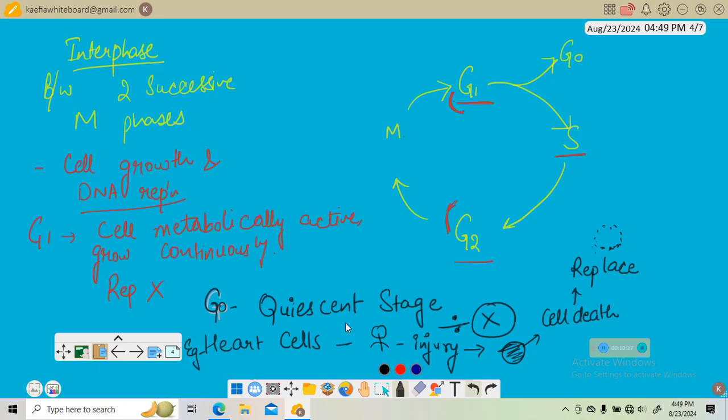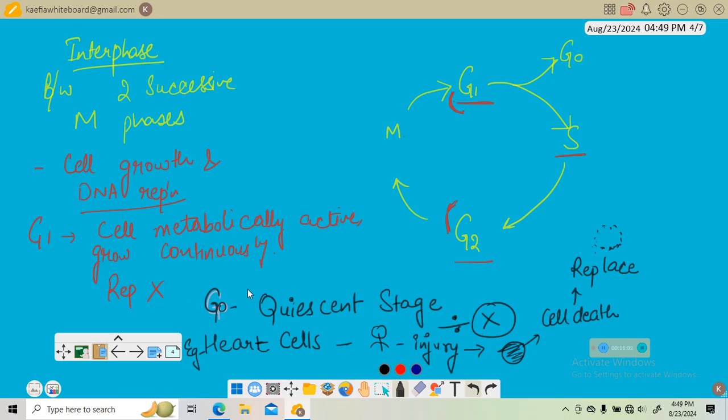Unless there is a requirement for division, they remain in the quiescent, non-dividing stage. So this was about the quiescent stage.